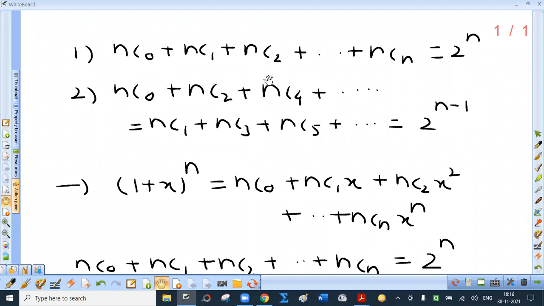So k plus k, that is 2k. 2k is 2 raised to n. So what is k? 2 raised to n upon 2, that is 2 raised to n minus 1. And hence the result. As I said, we can drop the prefix n and say that C0 plus C1 plus C2 up to Cn is 2 raised to n. C0 plus C2 plus C4 plus dot dot dot equals C1 plus C3 plus C5 plus dot dot dot equals 2 raised to n minus 1.